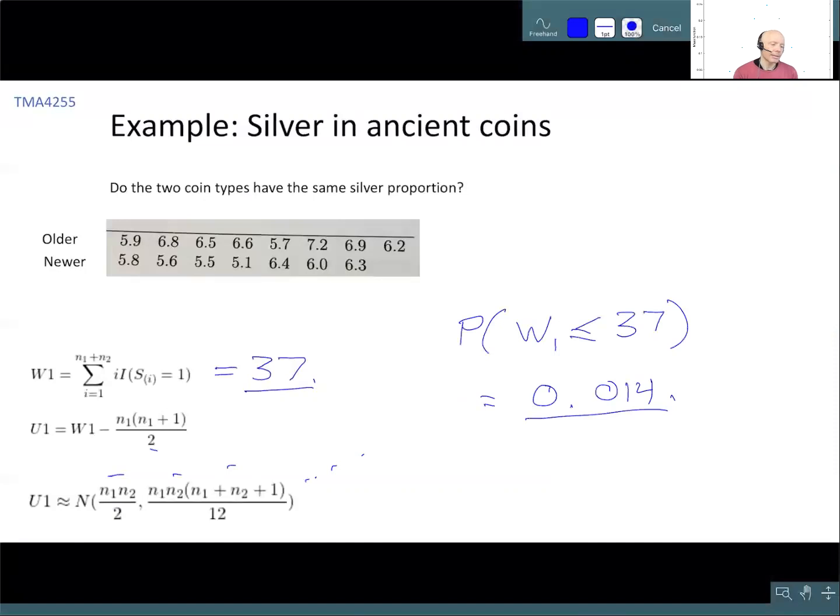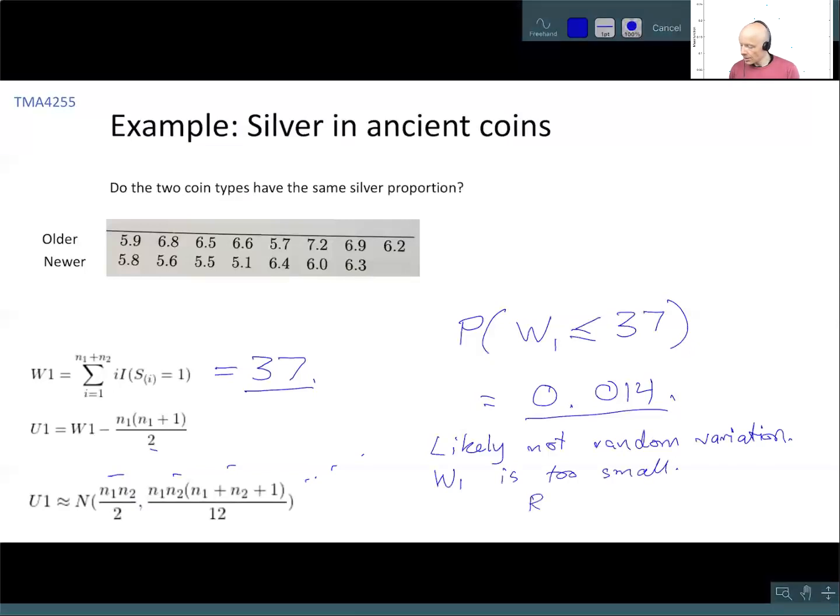So it is quite small. It's likely not random variation. So this means that we should reject H0. W1 is too small.